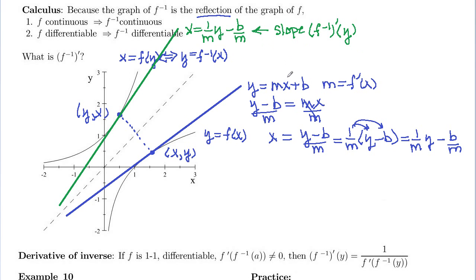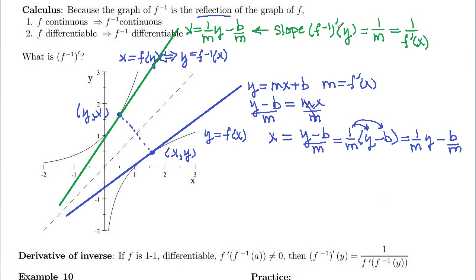So notice that the slope on the green line is 1 over m. So f inverse prime of y is the slope at y, which is 1 over m. And what's m? m is f prime at x. So this is 1 over f prime at x.